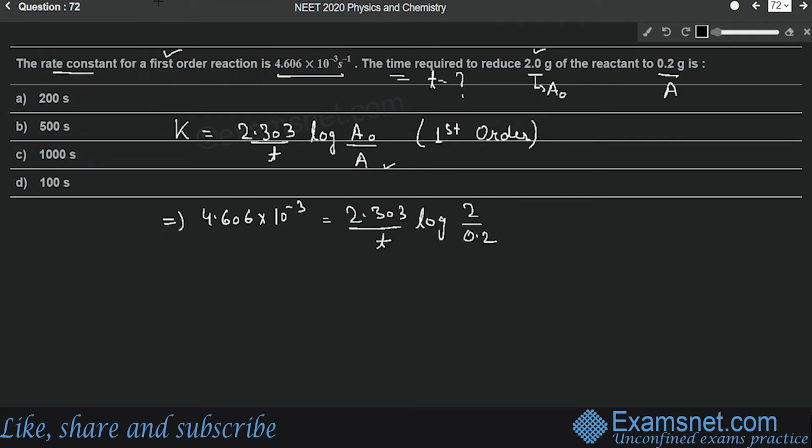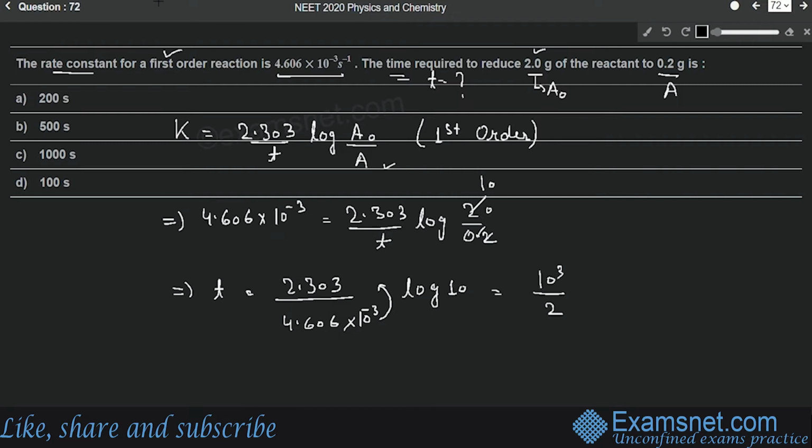So here we'll get log 10, right? So t will be equal to what? 2.303 divided by 4.606 into 10 to the power minus 3. So 10 to the power minus 3 will go up and become 10 to the power 3. Log 10 is equal to 1. So here we'll get 10 to the power 3 divided by 2, because 2 times 2.303 is 4.606.